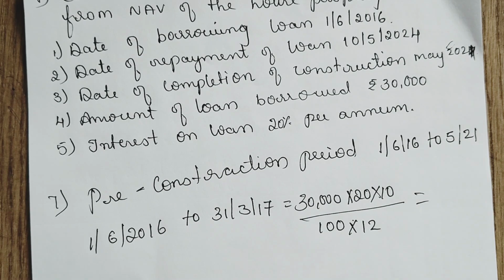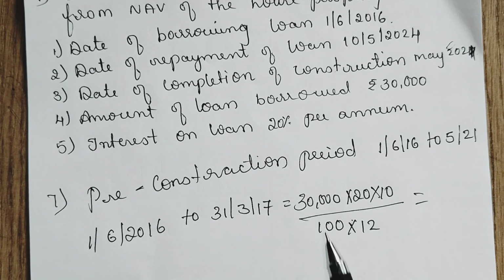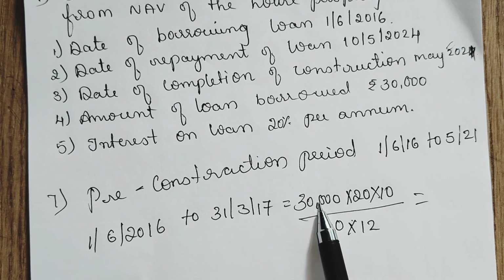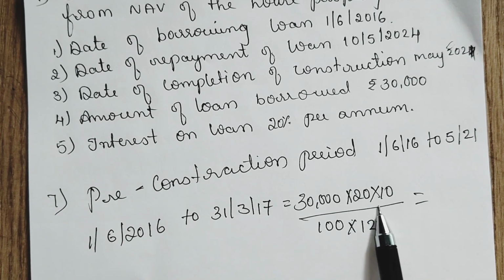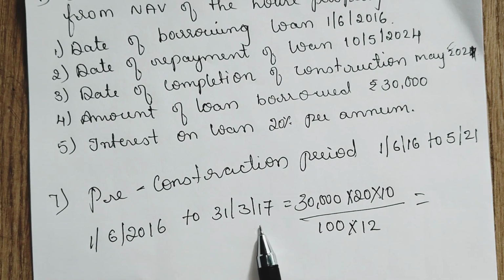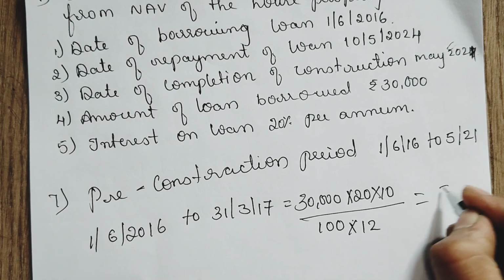So what is the amount of interest we are going to get? 30,000 is the amount of loan borrowed, 20% is the rate of interest, 10 months is the period from 1st June to 31st March for this assessment year. What is this? 5,000.